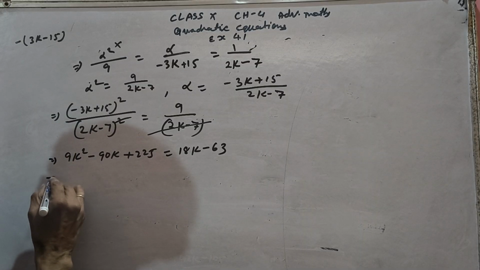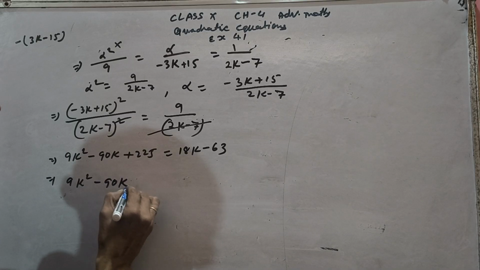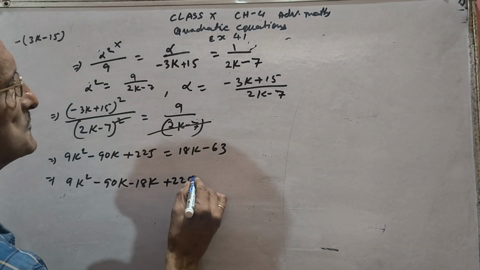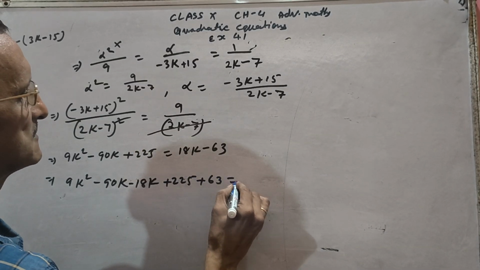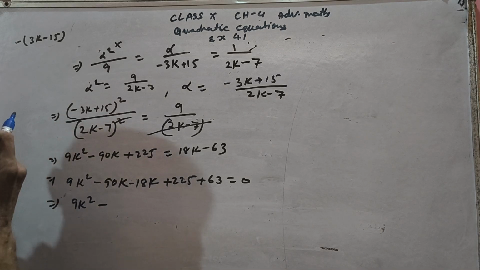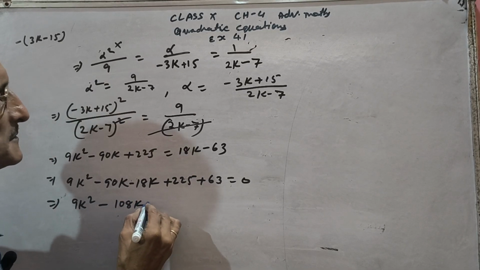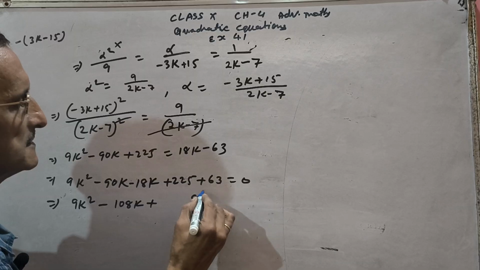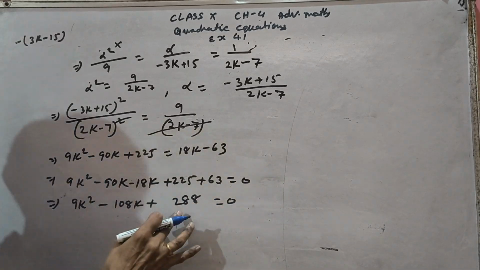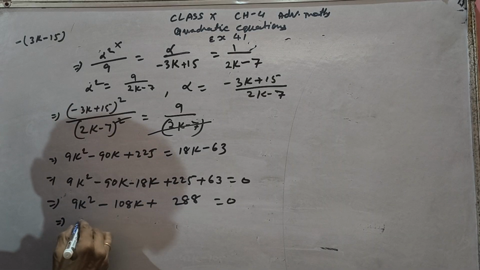So how much will we get? 9k square minus 90k minus 18k plus 225 plus 63 equal to 0. So that will give you 9k square minus 108k plus 288 equal to 0. Divide both sides by 9. So what will we get?